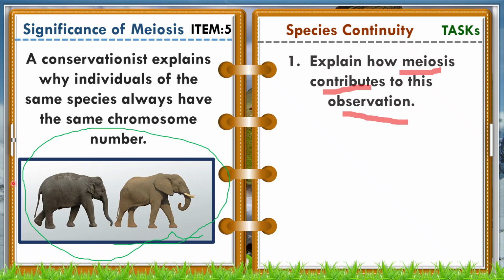They are looking different. They are from the same species. Though they look different, they still have the same number of chromosomes. So how does meiosis contribute to this observation?